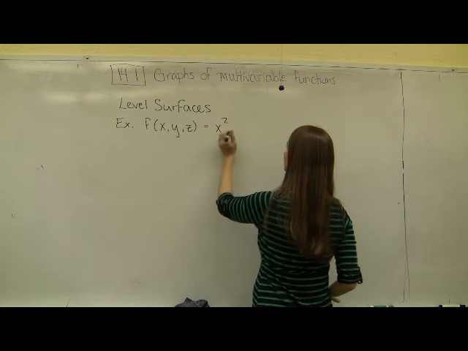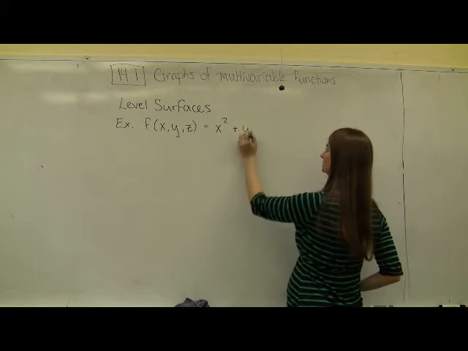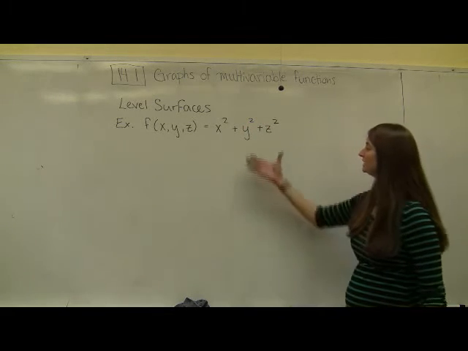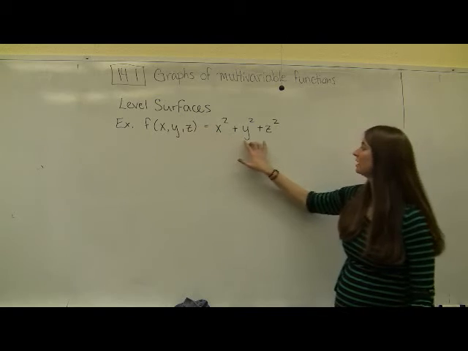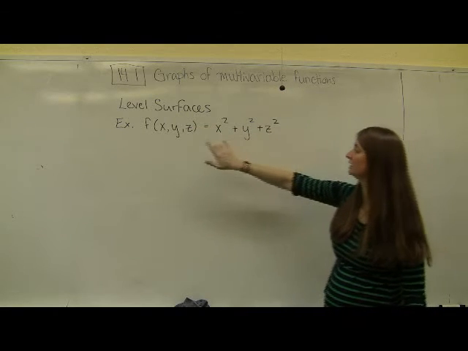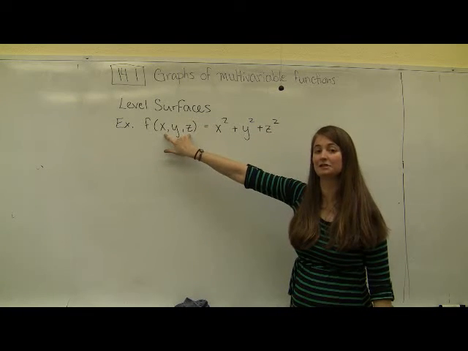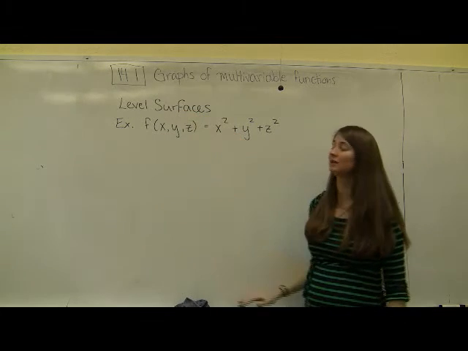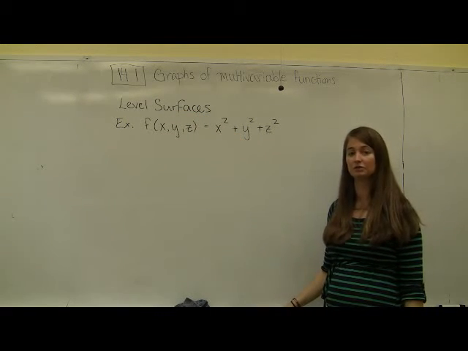And let's say that I have the function x squared plus y squared plus z squared. And I want to get an idea, what does this multivariable function whose domain contains points in R3 look like? And the tool for being able to analyze that is to use the idea of level surfaces.